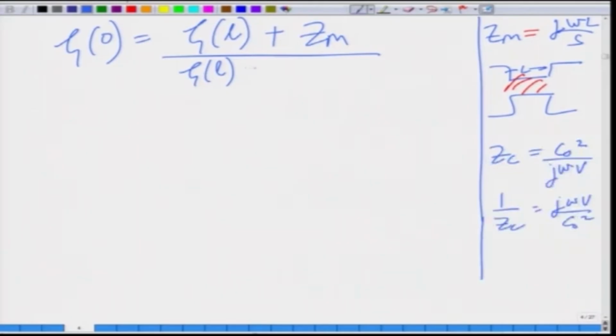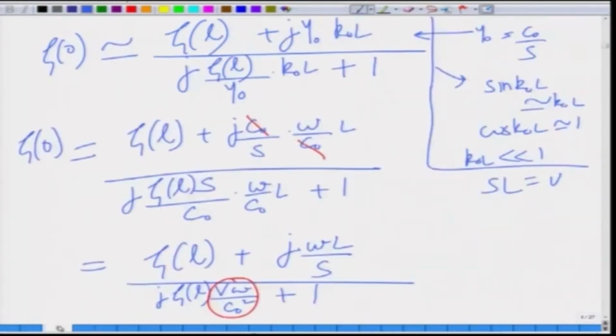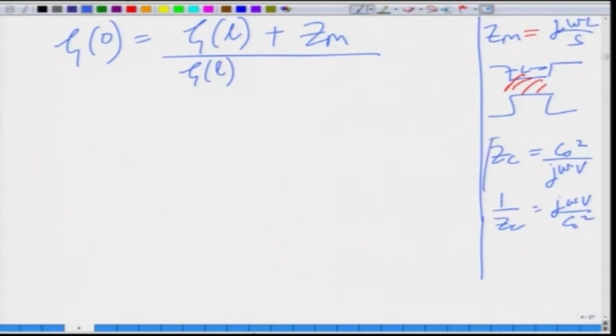So basically what is happening is that zeta at x equal to 0 is equal to zeta at L plus Zm, and if we simplify this expression, we get j omega ZL, and immediately we recognize that the compliance of the cavity is C naught square by j omega V. So then this will become 1 by ZC, and here you will get plus 1. I probably should have written this as L and L here, and of course you have these two terms, this one and this one.